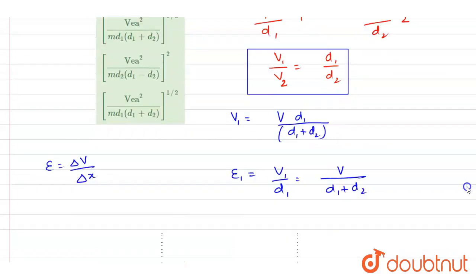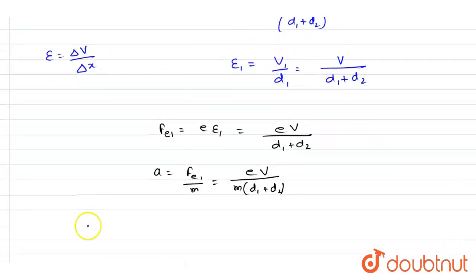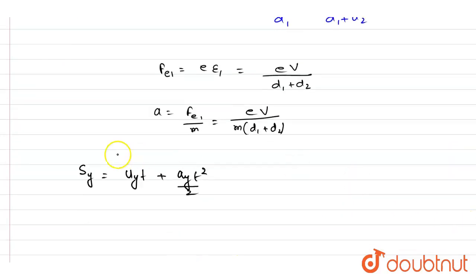So we'll write that displacement in the y direction is equal to velocity in the y direction times t plus half acceleration in the y direction times t squared. You can see that there is no initial velocity in the y direction, this is 0, and the acceleration in the y direction is this only. Distance traveled, since it is thrown along the central line, will be d by 2.